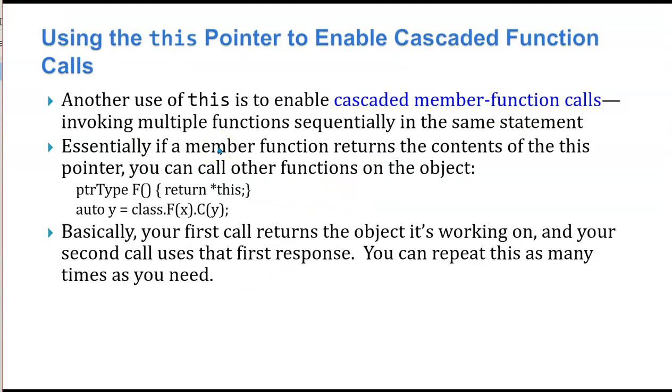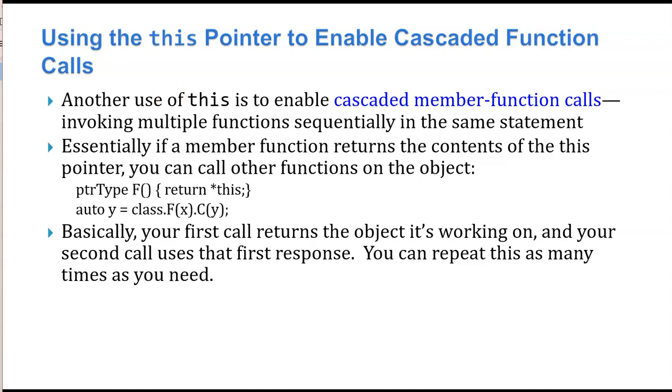So another way to use this is to enable cascading function calls. Invoking multiple functions sequentially in the same statement can be done by having a member function return the contents of the this pointer.